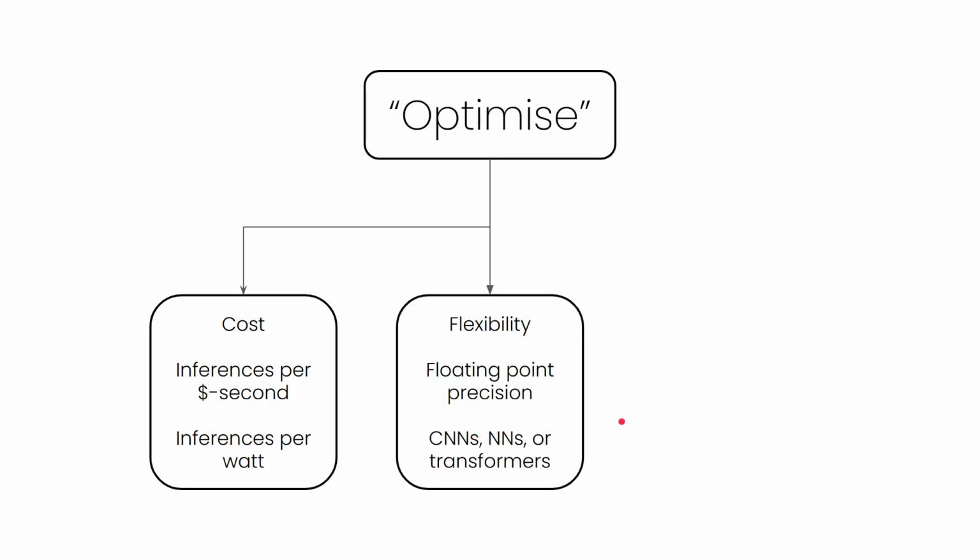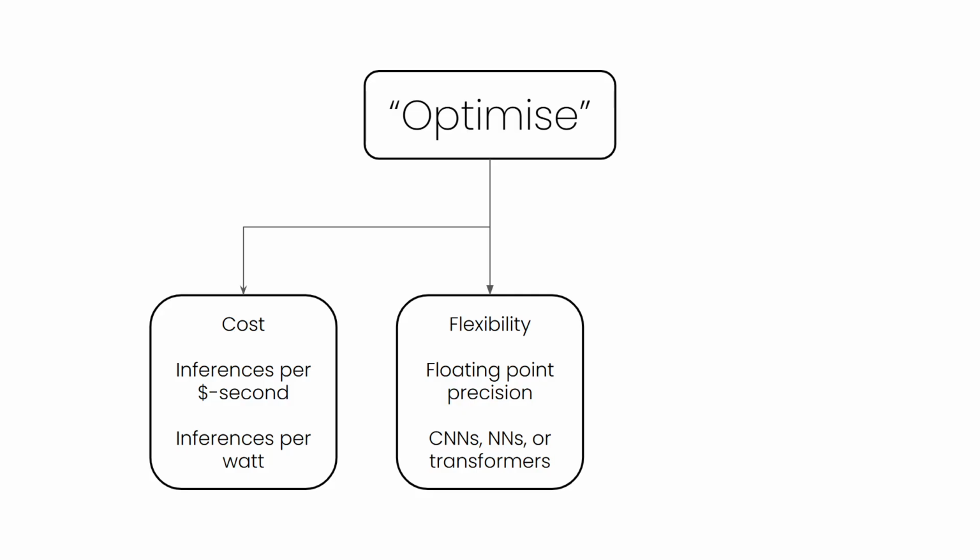Another thing we can optimize is the flexibility of the design. For example, there are some GPUs that can support 16-bit floating point numbers and 32-bit floating point numbers. Others just do 32-bit floating point numbers. So depending on the precision you support, you might have a greater market and more types of algorithms can run.